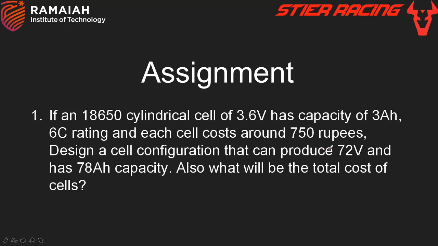And by getting that number, you can figure out how many cells are used in this configuration, and you can multiply it with 750 and get the cost of only the cells.